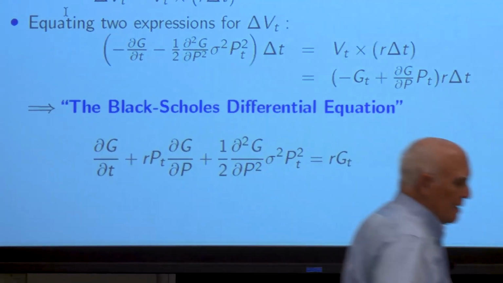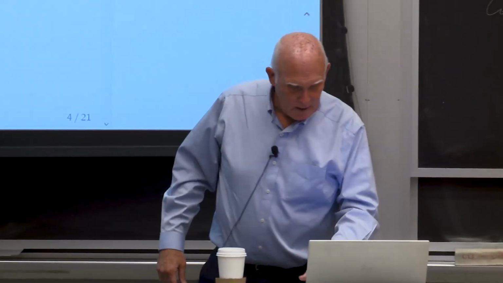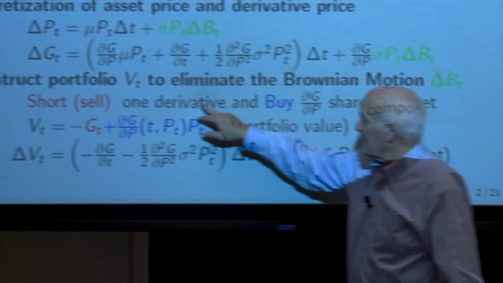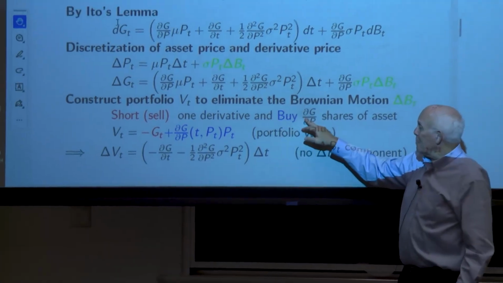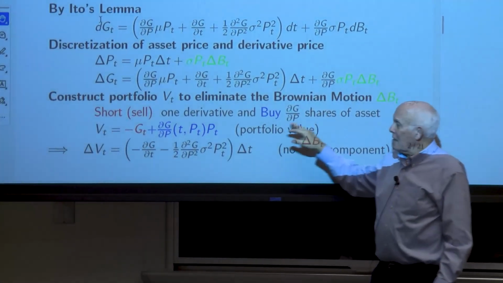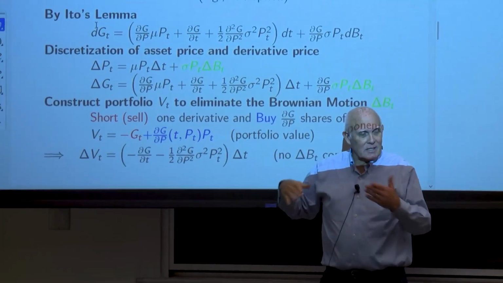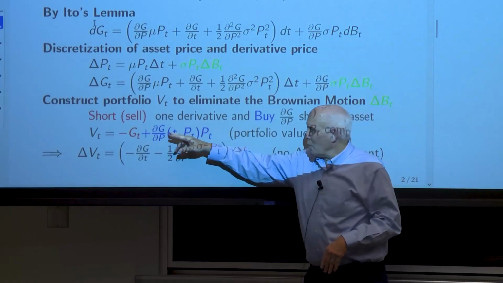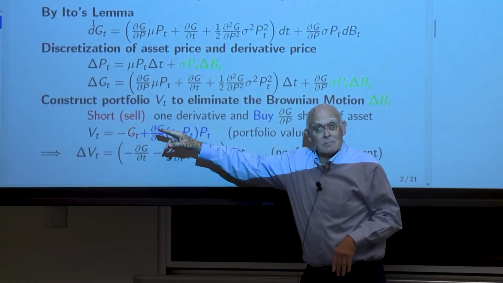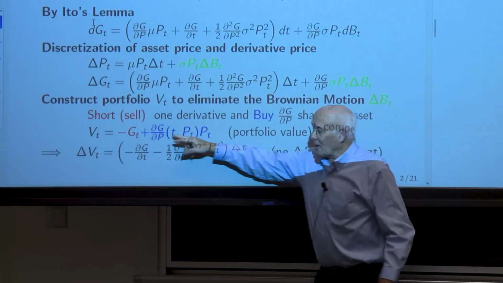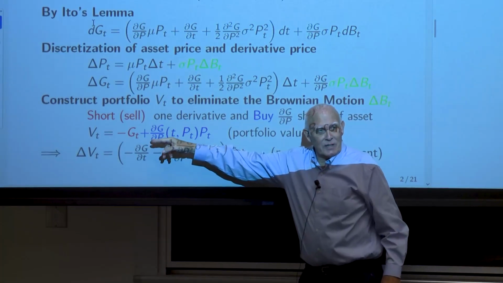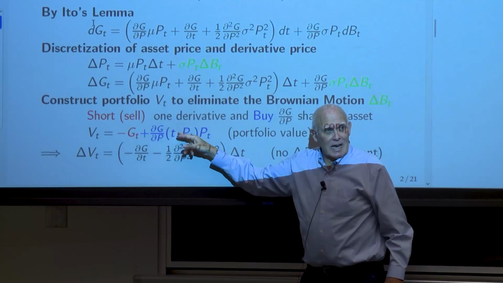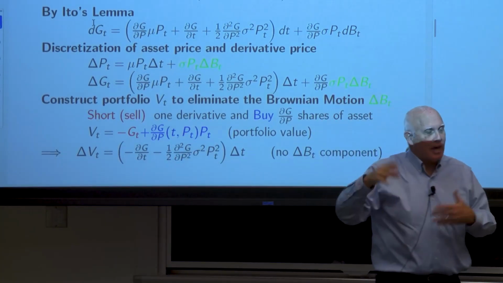So if we go back to this argument here where we sell short one derivative and buy this many shares, at time little t, this cancels out the Brownian motion, but then for increments of time after t, we still are short the derivative, but we may need to adjust the number of shares of the asset to buy to hedge that derivative.